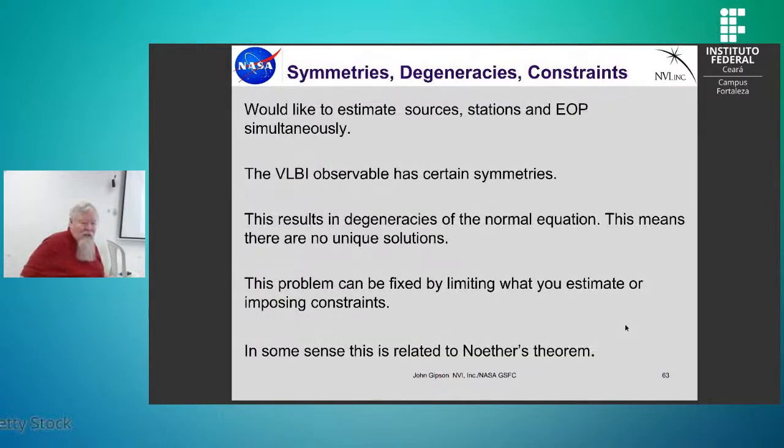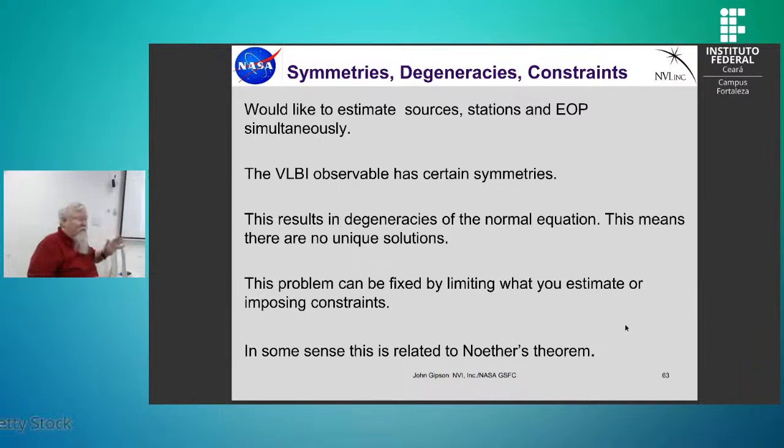One of the things I started off talking about this morning was symmetries and degeneracies in the normal equations. The issue here is that if you just write down the naive normal equations, you cannot invert them. They have degeneracies, and the reason is because our observable has degeneracies.